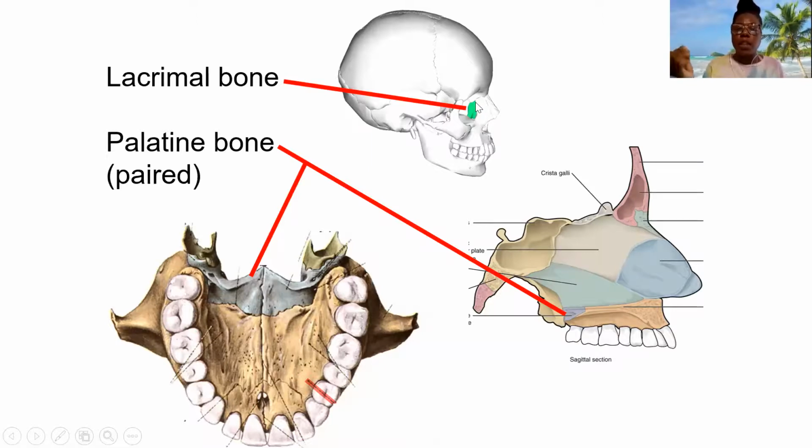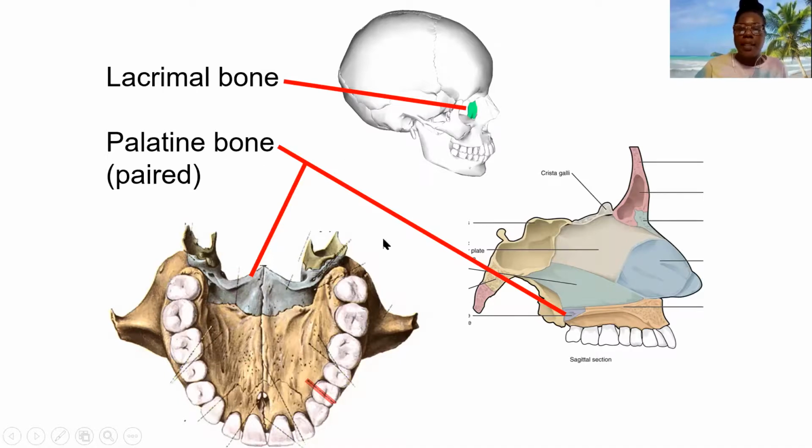The lacrimal canal is the communication between the eyes, where tears are produced, and the nasal cavity, where those tears can drain. That communication is called the lacrimal canal, and it's held structurally in place by the paired lacrimal bones in the area.